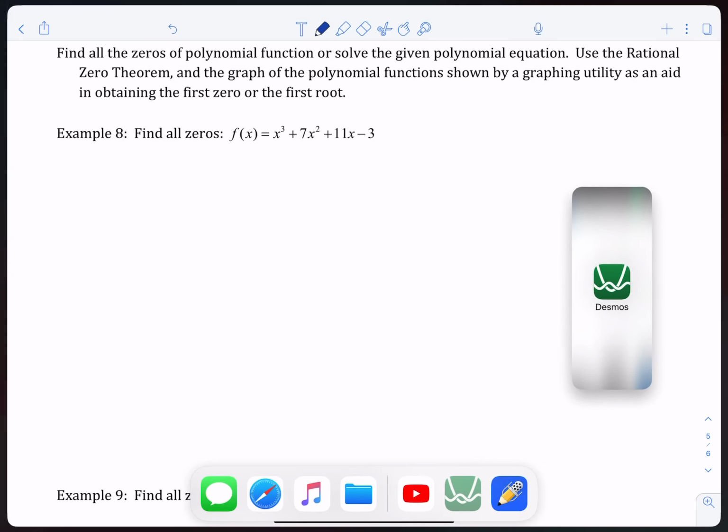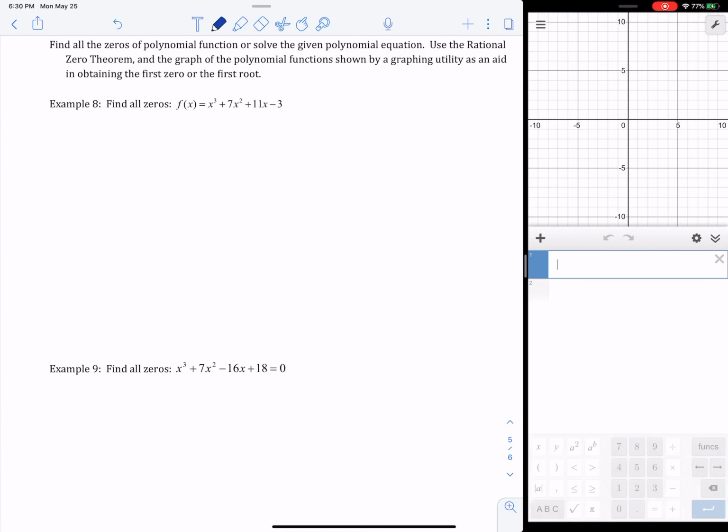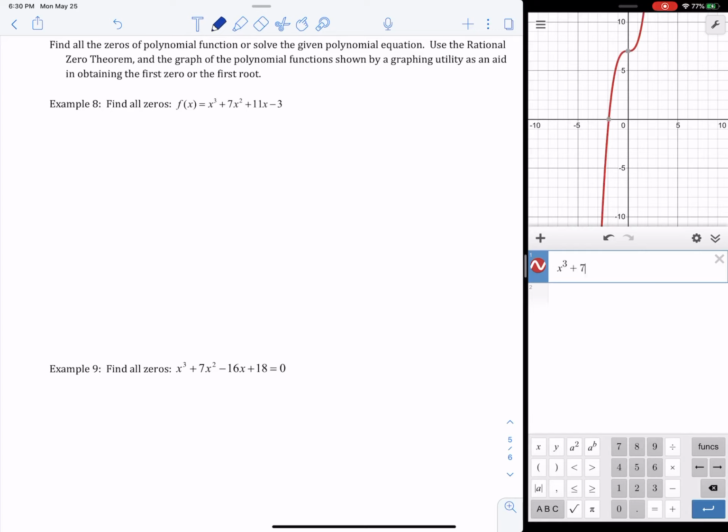If I'm going to use that, x to the power of 3 plus 7x squared plus 11x minus 3. So that's the function.